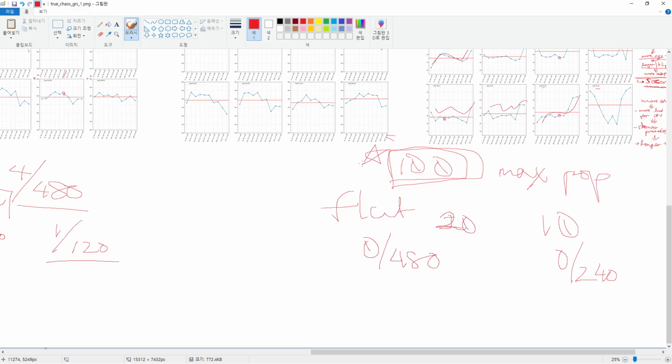Which gives me another idea. I should try pseudo chaos with only 100 population, and see if the true ceiling is achieved.